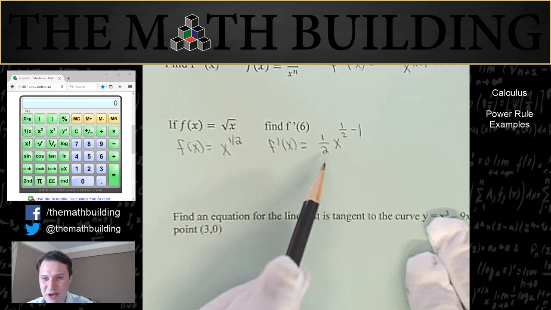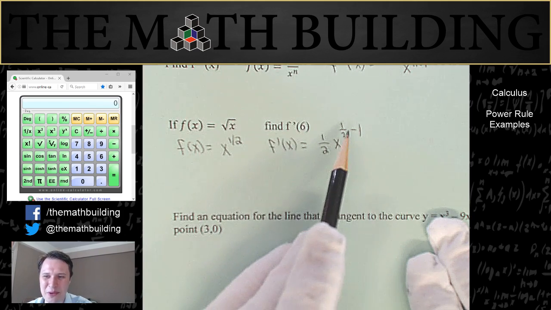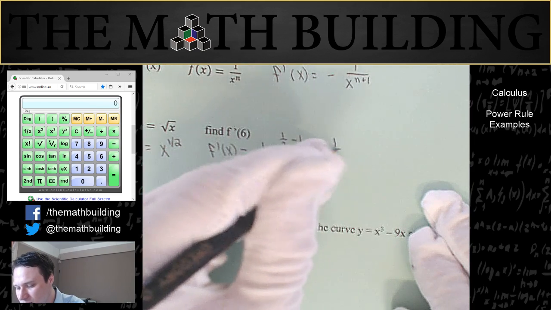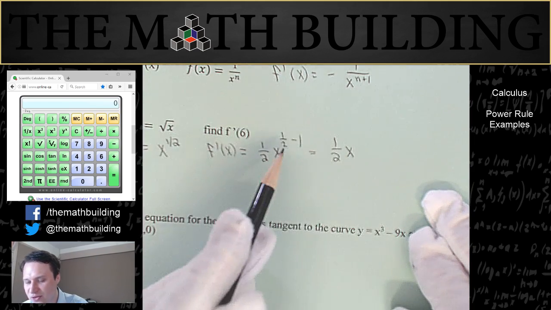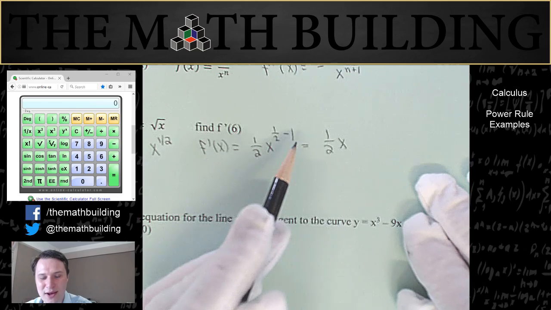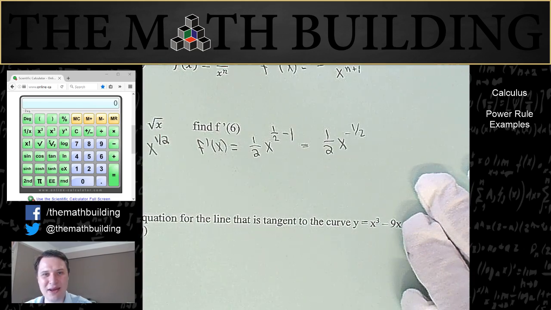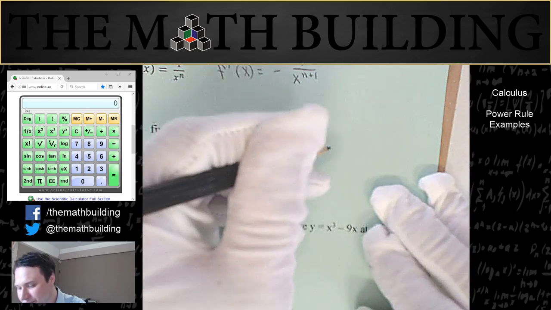So you bring down your 1/2, and then it's the power minus 1. So that would equal 1/2 times x to the 1/2 minus 1. That's just going to be negative 1/2. So 1/2 minus 1 is negative 1/2.